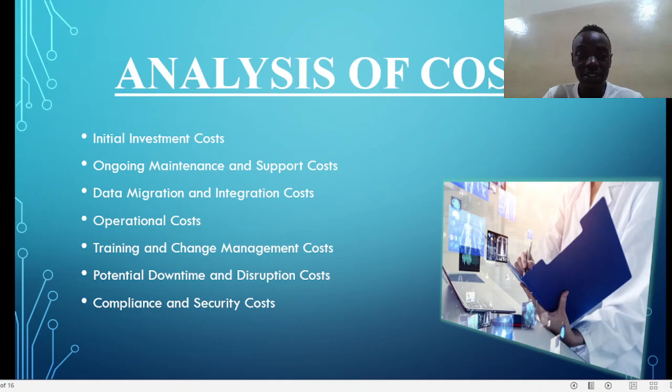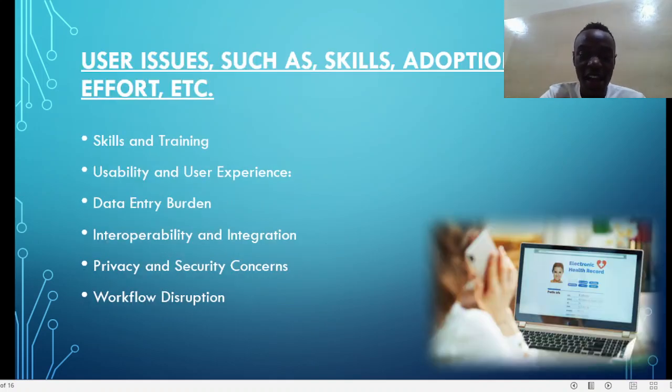So let us go to our next slide, which covers user issues such as skills and adoption efforts. Here we have skills and training. Healthcare professionals may lack the necessary skills and training to efficiently use the project, leading to frustration and inefficiency.